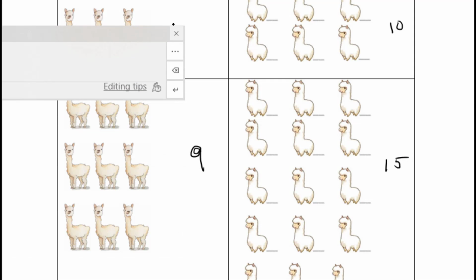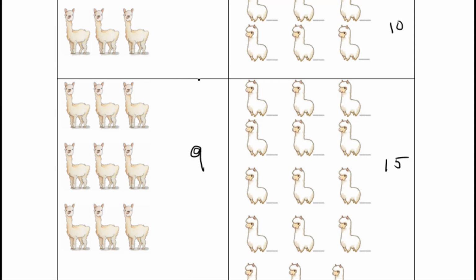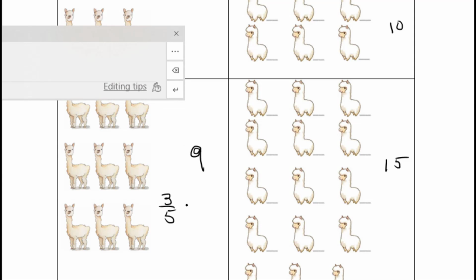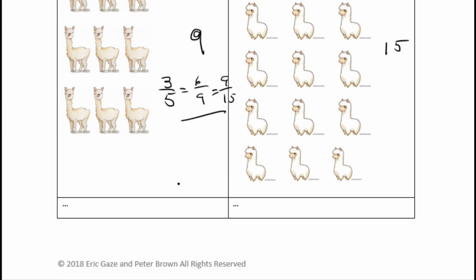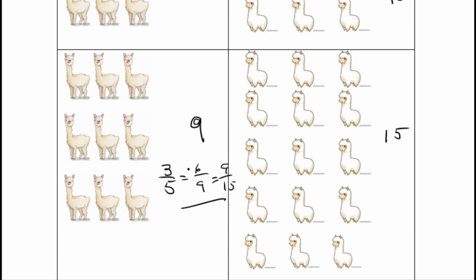So now we have 3 ratios. We have 3 to 5, 6 to 10, 9 to 15. They're all equivalent. Notice that. 3 to 5 is equivalent to 6 to 10, which is equivalent to 9 to 15. Doesn't mean I have 9, but if I did have 9, you would have 15 because we're maintaining the same ratio.